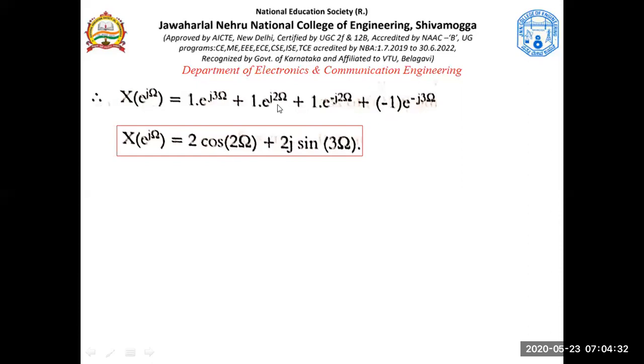In the denominator of sine you will have 2j, and these two give 2 times cos 2 omega, because there is a plus between them, and since there is a minus between the other two, it becomes a sinusoidal signal. Since there is 2j in the denominator, that is compensated by taking this 2j in the numerator along with the sinusoid. Fine, so this is quite a simple one.